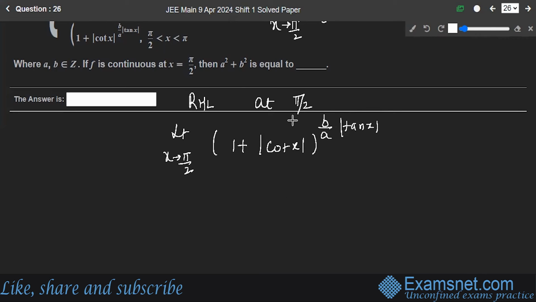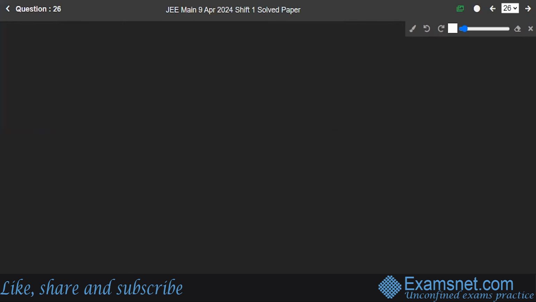This gives you e power the limit as x approaches pi by 2 of mod of cot x times b upon a tangent of x. This is nothing but b raised to power, after putting the value of pi by 2, so this is e raised to power b upon a. And let's get back to our question.